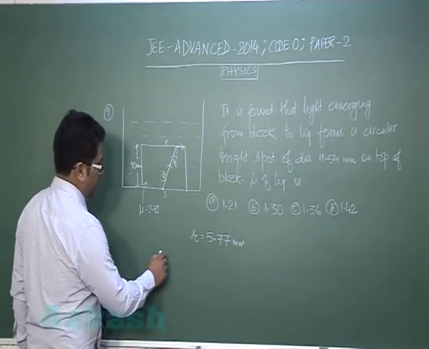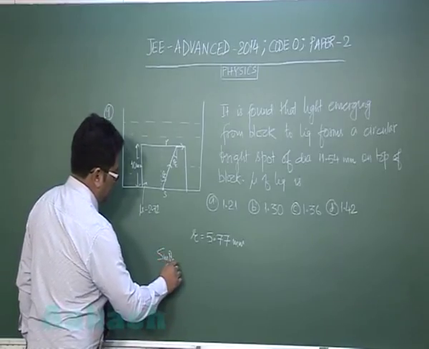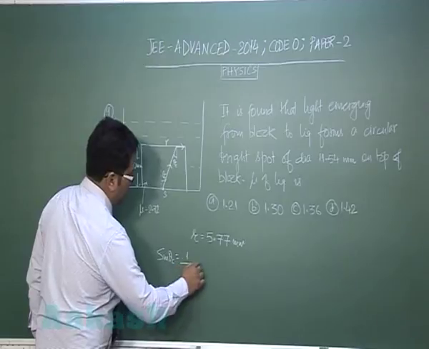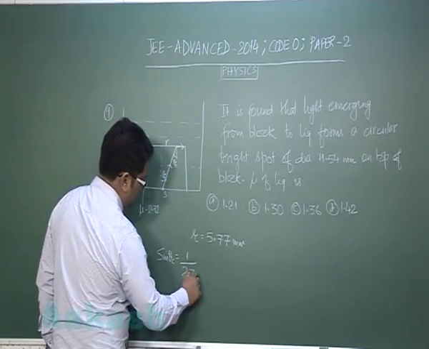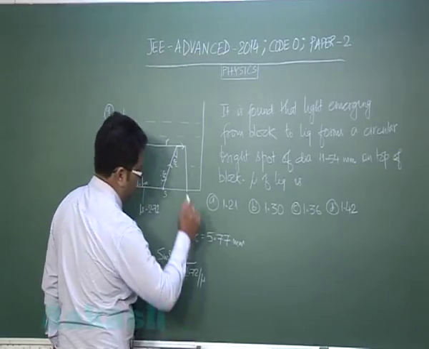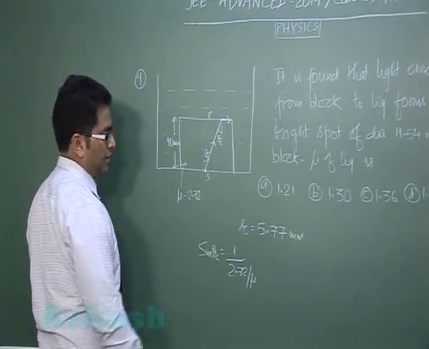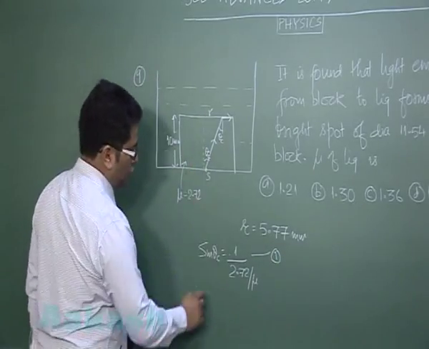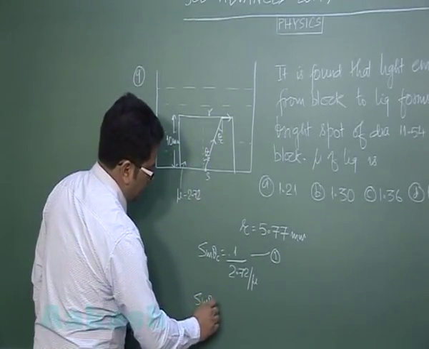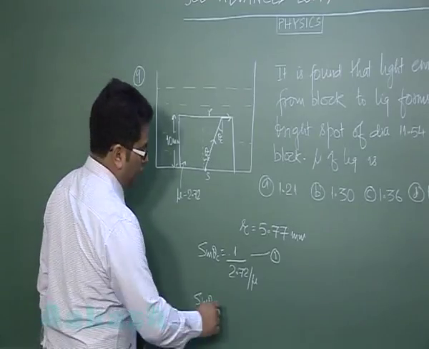The first thing is sine theta c is 1 by mu, but this time mu of denser by rarer, the mu of liquid. That's equation number 1.